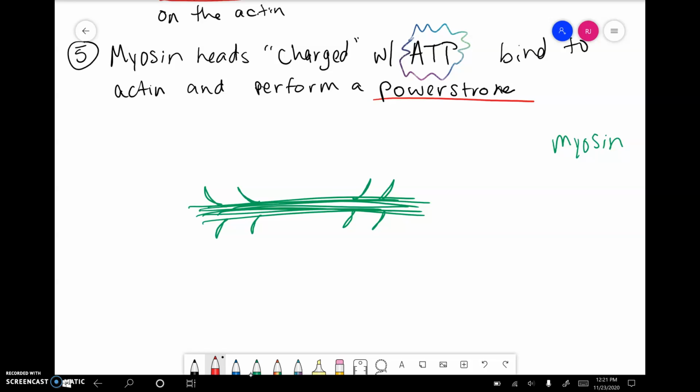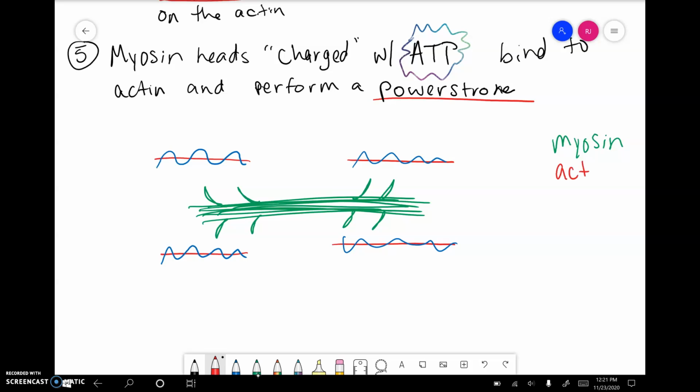Here we're going to make our actin molecules. And then we're also going to see our tropomyosin and our troponin around our actin molecules. Okay, so here's actin, and then troponin, and tropomyosin. Oops, sorry, those are supposed to be blue.